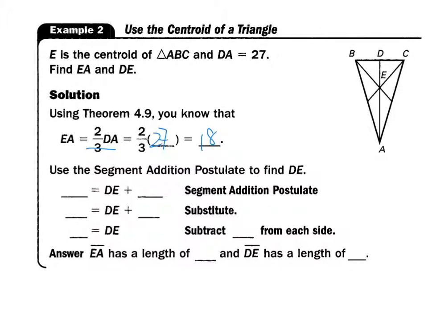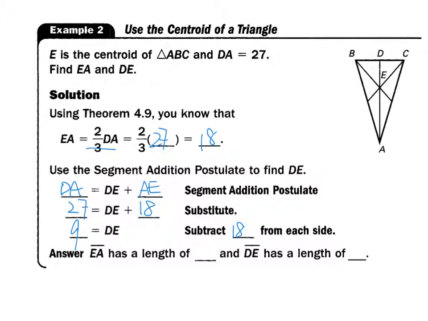We said DA is 27, so if you do your math, you should end up having 18. Now, if you use the segment addition postulate to find DE, you know that DA equals DE plus AE, or EA. And DA we know is 27. We don't know DE, we know EA is 18. So our conclusion is DE is 9, and that's because we did our algebra by subtracting 18 on both sides.